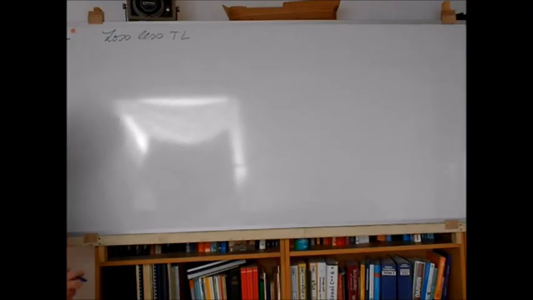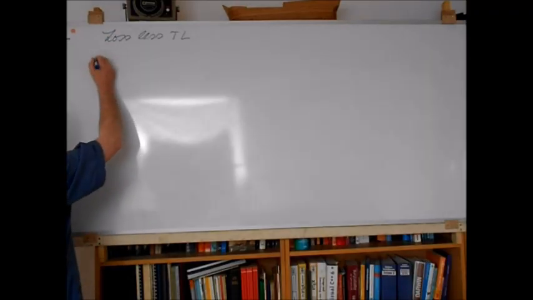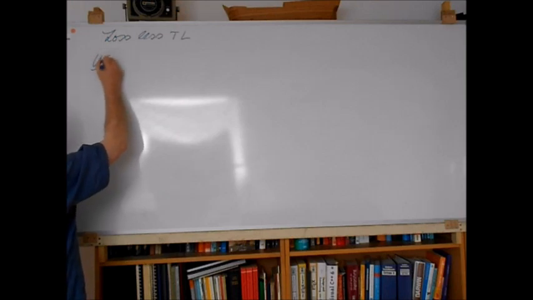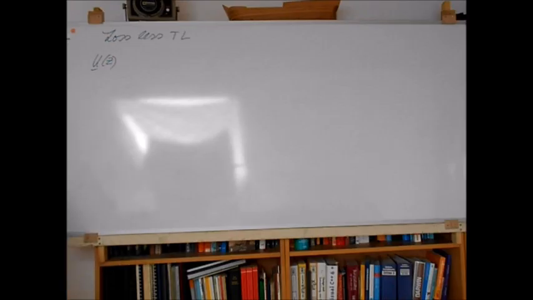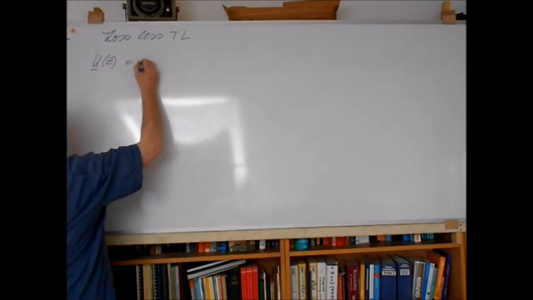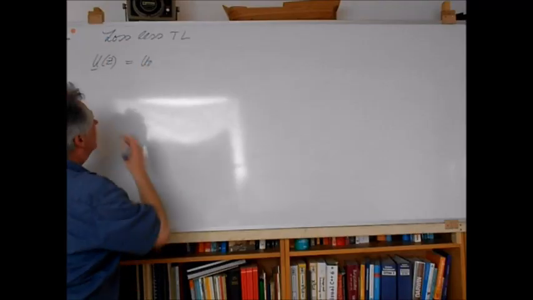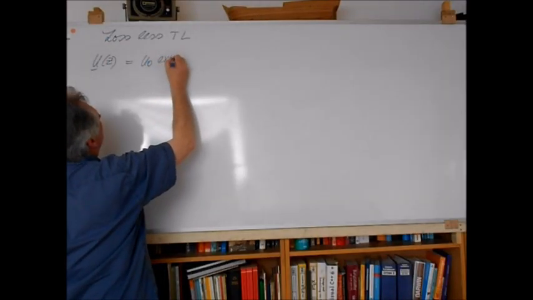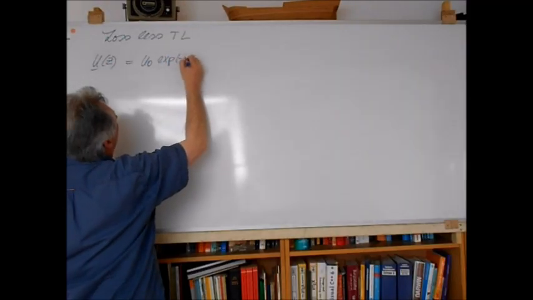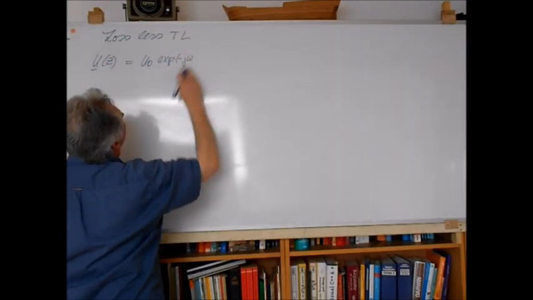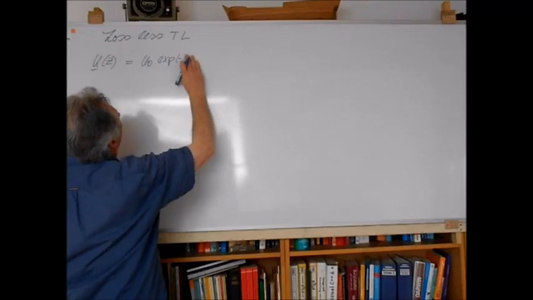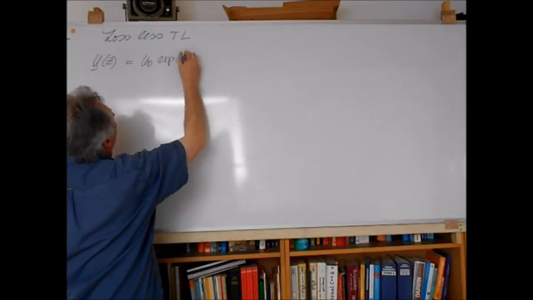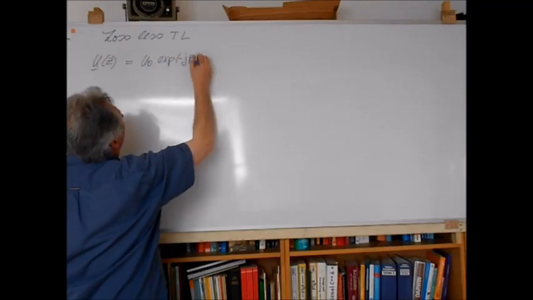So we found that for the complex valued function we have two different solutions. One possibility is that I have a function u of z, a complex valued function, which is a voltage u naught times the exponential function of minus j beta times z.